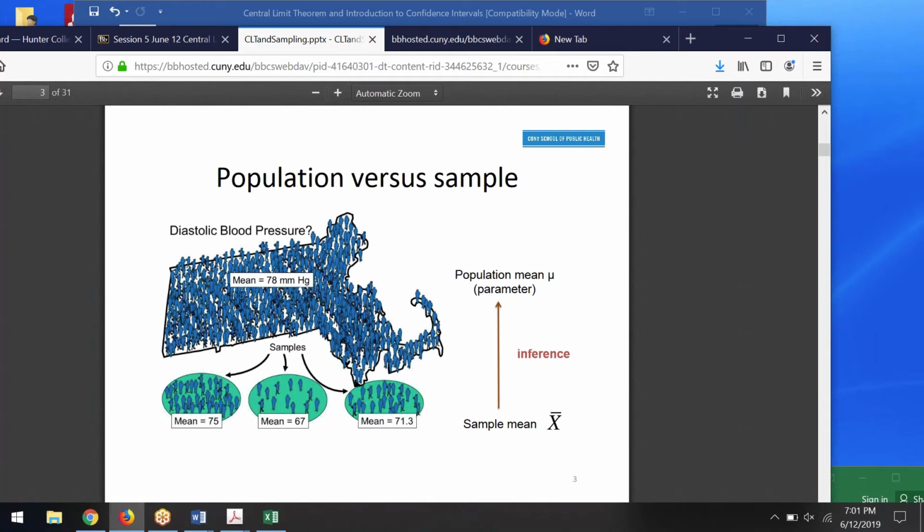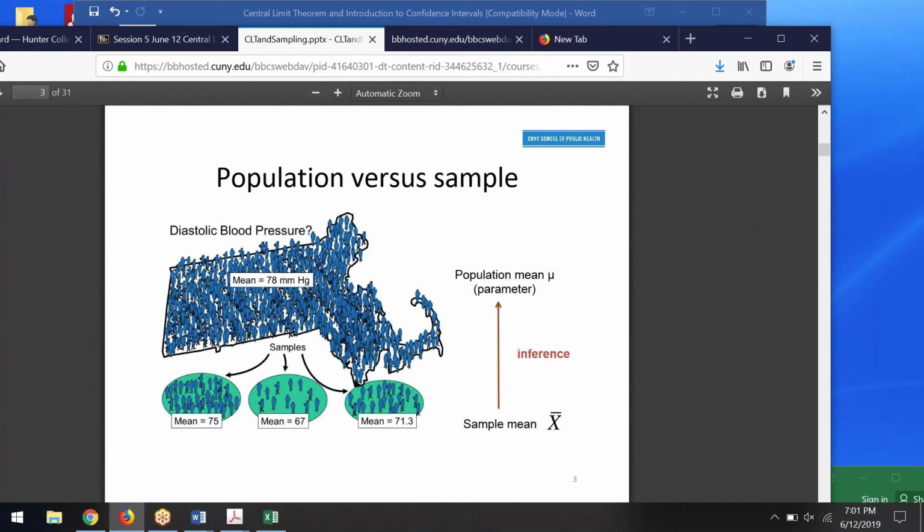Our sample mean, we term X bar, and from that we infer certain things about the population mean, in other words, mu. Generally, we're trying to demonstrate that the sample mean approximates the population mean, so we can take a sample, not have to examine every person in the population, and get a reasonable approximation of what the population mean is.